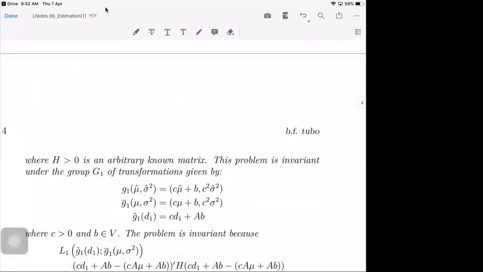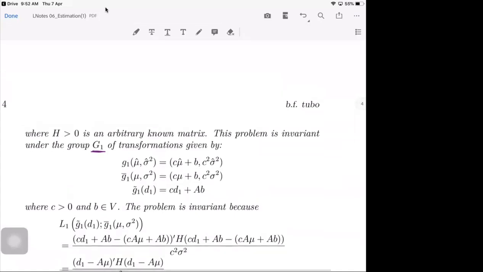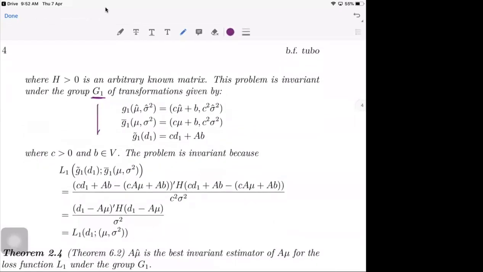So this problem is invariant under group 1 of transformation. So the group 1 transformation is given by this. So we check that it is invariant under this group of transformation. So what happens? The transformation of your estimators mu hat and sigma hat: to the mean you add B, and your covariance matrix becomes C squared sigma squared.